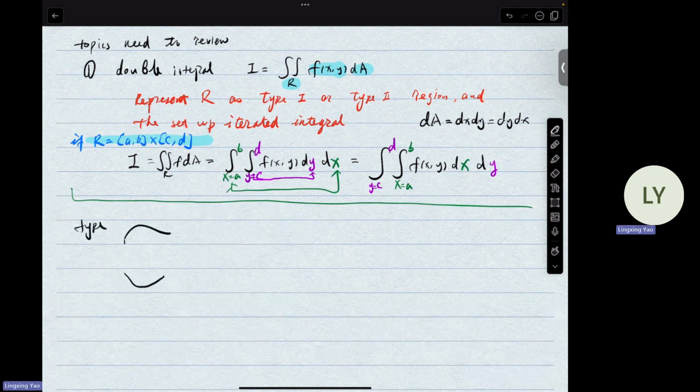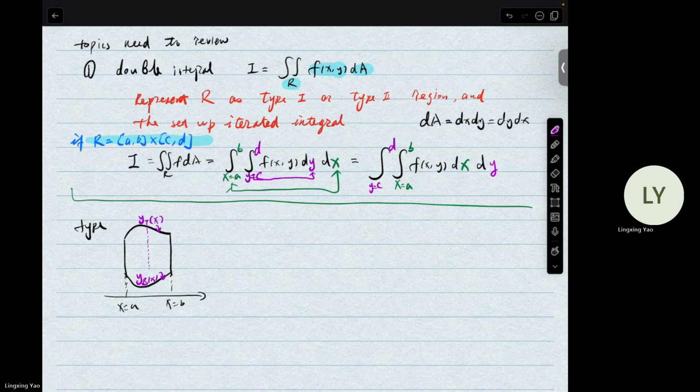If we have a type 1 region like this, obviously x equals a, this is x equals b, but we also have y given by a lower curve. So this is y sub b of x, and this is y sub t of x. We are going to see that y will be bounded between those two curves.